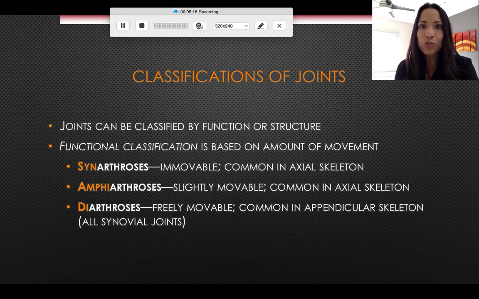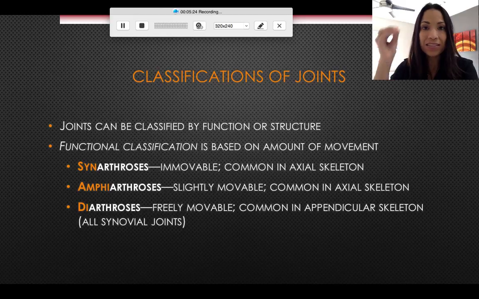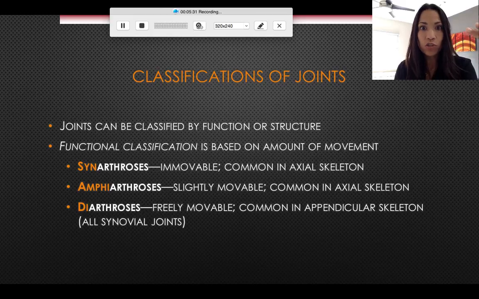I want you during the rest of our lives, our professional lives, to keep these in mind. And now in the next slide, I'm going to describe for you the second way to classify the joints, the structural classification of joints. But at the same time, we're going to mix and match these two systems of classification.